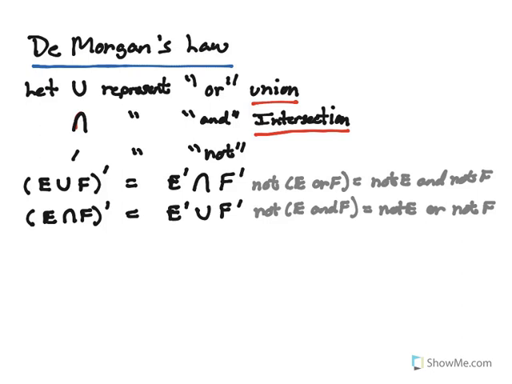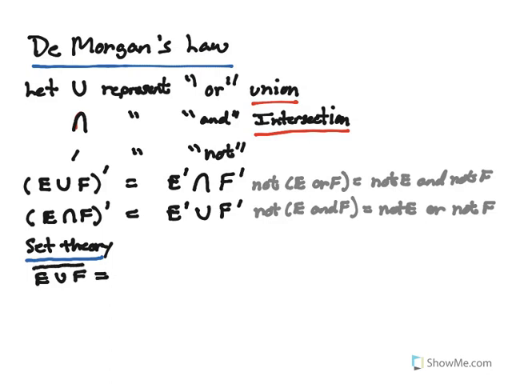If you want to express it using set theory, then the notation is a little different. They use the bar. So you can say the complement of the union of sets E and F, and you can use the bar over it.